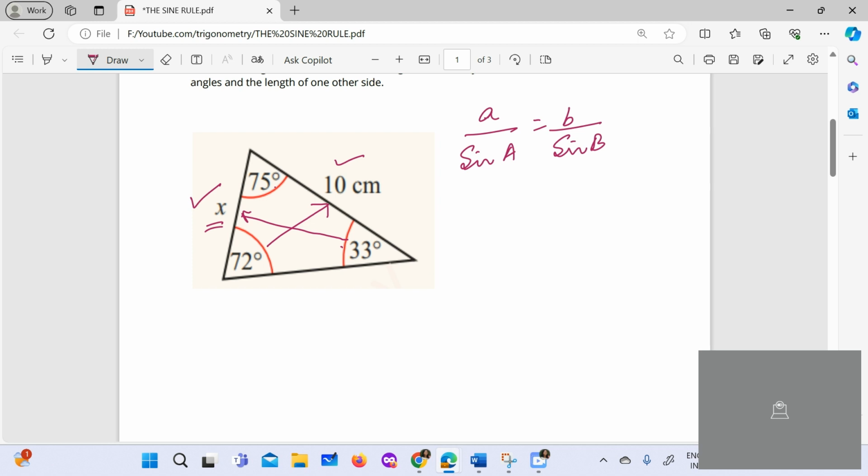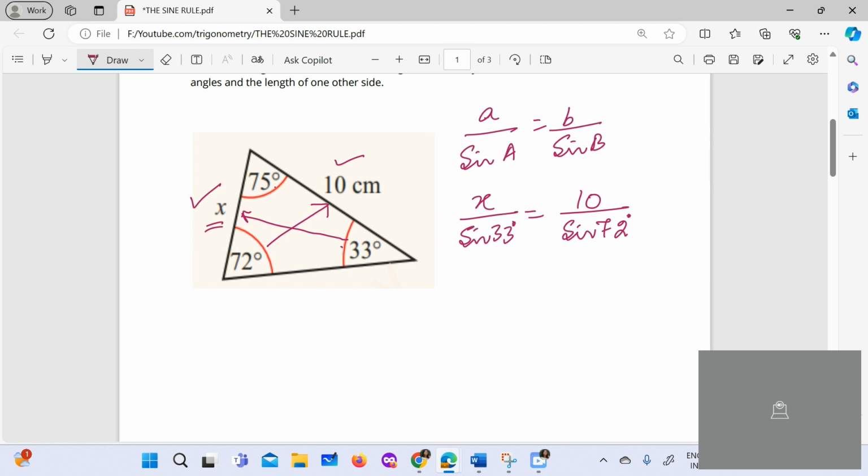Now in place of a I will write x, and here I will write sine 33. Then b I will take as 10 and sine 72. I hope you understood how to plug in the values in this rule.